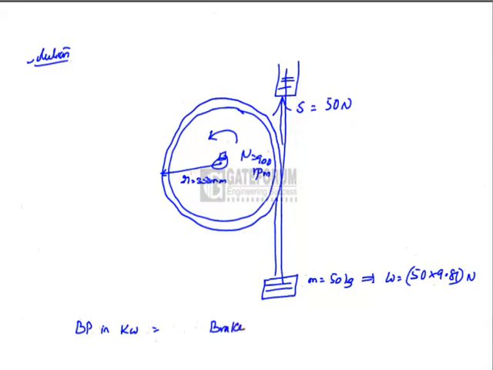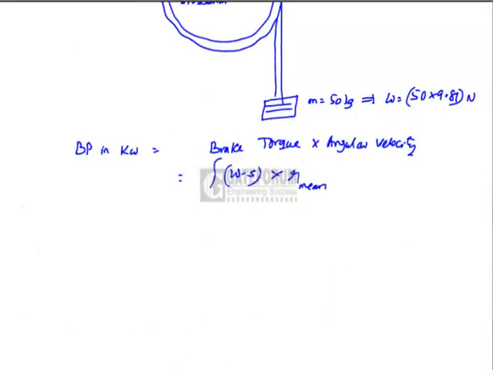Brake torque into angular velocity. Brake torque is W minus S, net brake load, into brake mean radius. Angular velocity is 2 pi N by 60. That is 50 into 9.81, that is the W, minus 50, into mean radius, 350 mm.